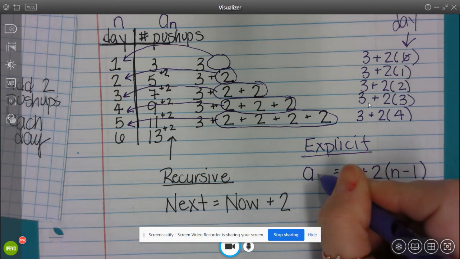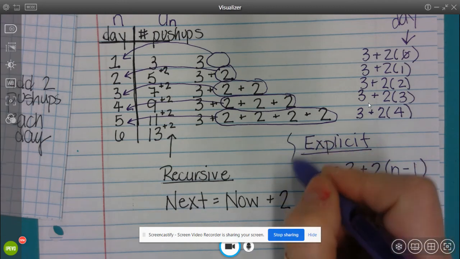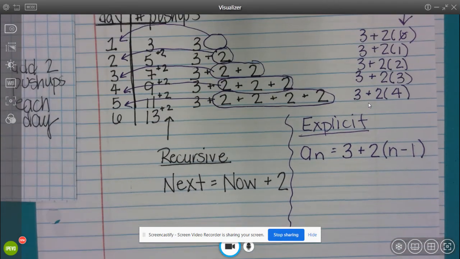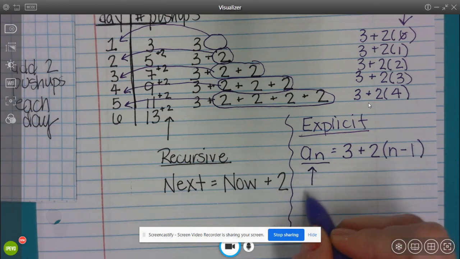And that is my output. So I'm going to do a little bit of further explanation here. This will be my output for that term.